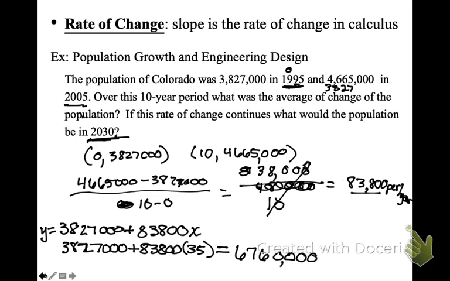Does that seem feasible? Yes, because in 2005, I was at 4,600,000, and at 2030, I'm at 6,700,000. That seems reasonable, right? But again, is this constant? No, this is an approximation.